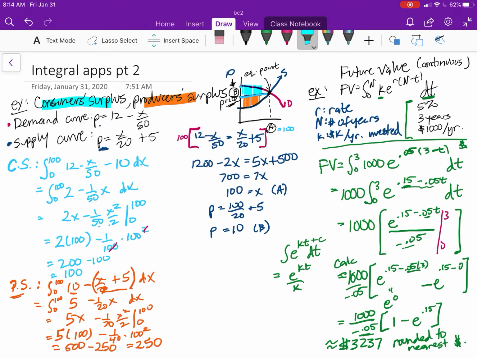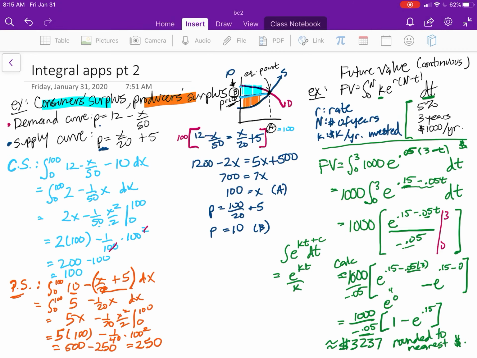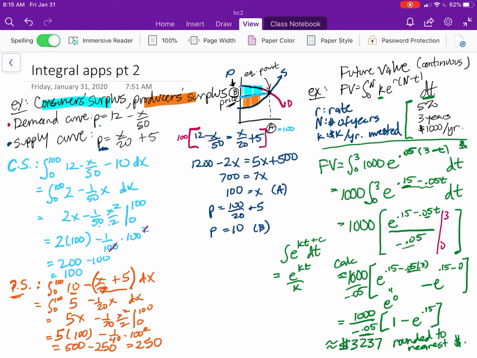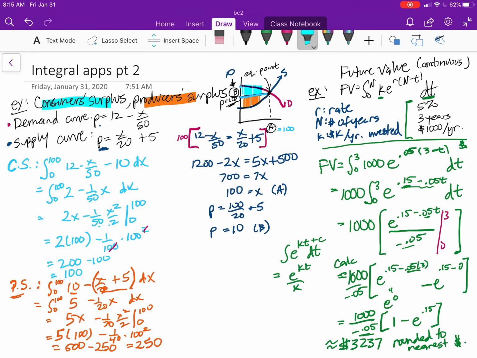Well, consumer surplus. Some consumer surplus here. How this works is we have this equilibrium point where supply and demand meet.